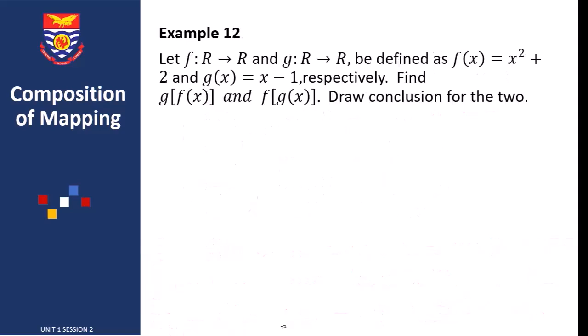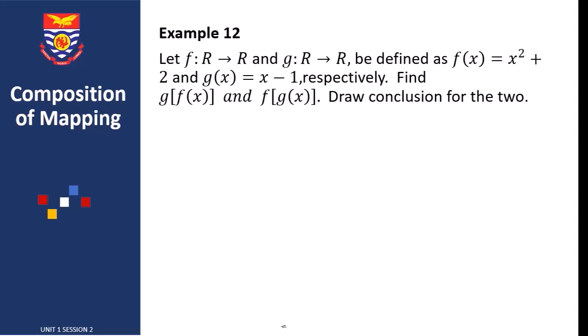This is the next example. Let f be a function from real numbers to real numbers, and g also a function from real numbers to real numbers, defined as f of x equals x squared plus 2 and g of x equals x minus 1 respectively. Now I want to find the composite functions, f followed by g and then g followed by f. Then we draw conclusions. Let's start.